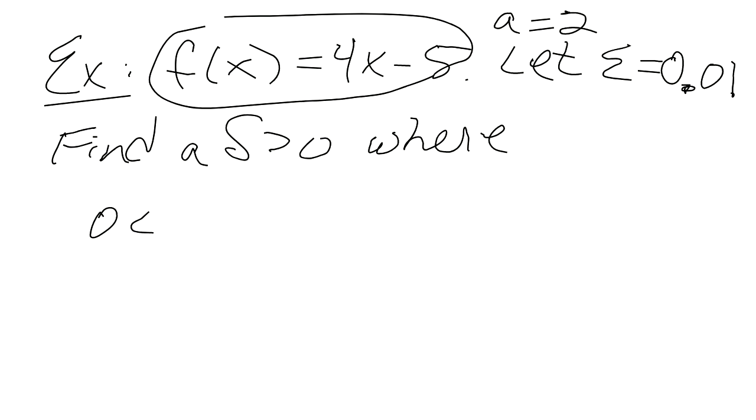Let A equal 2. If you plug 2 in, this is defined everywhere. What height do you get when x equals 2? You're going to get 3, because 8 minus 5. So L is going to be 3 here.